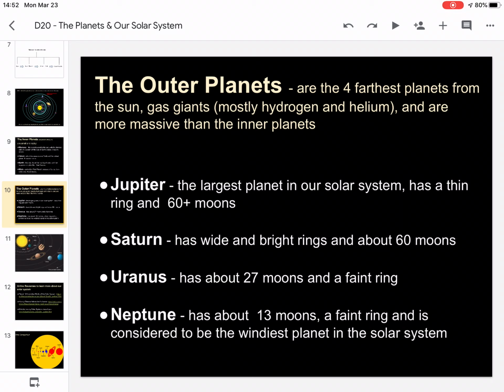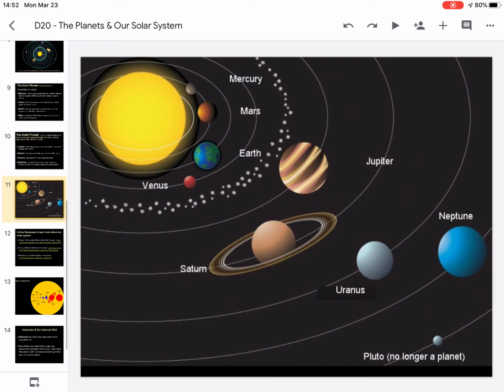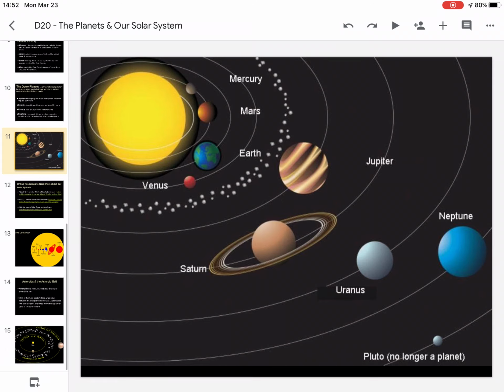Quick review. The planets that have rings, all the outer planets, Jupiter, Saturn, Uranus, and Neptune, all have ring systems. Something you do want to know. Okay. Here's basically a picture of some of those planets, not to size, but to give you an idea. Mercury, Venus, Earth, Mars, Jupiter, Saturn, Uranus, Neptune, and Pluto. Okay. Looking at that, the diagram's actually wrong.